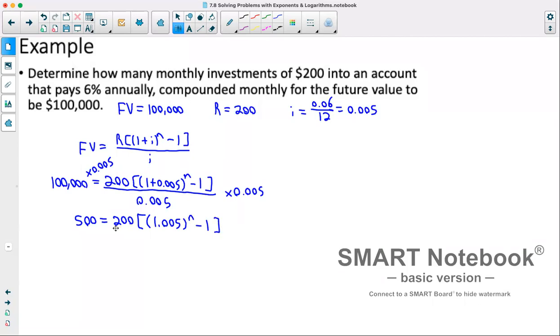Next step, I would divide both sides by this 200. So that gives us 2.5 is equal to, we can now drop this out of bracket, 1.005 to the power of n minus 1. At this stage, I would add 1 to both sides. So we have 3.5 is equal to 1.005 to the power of n.